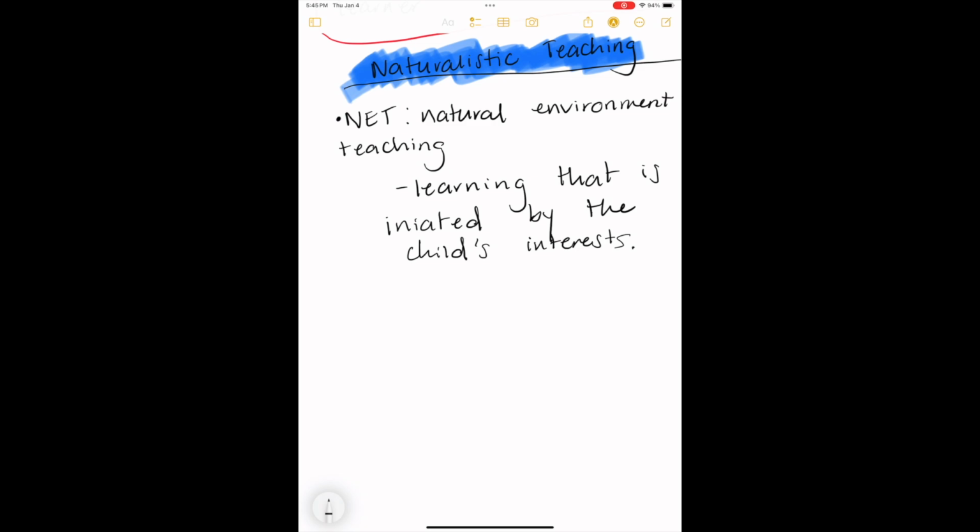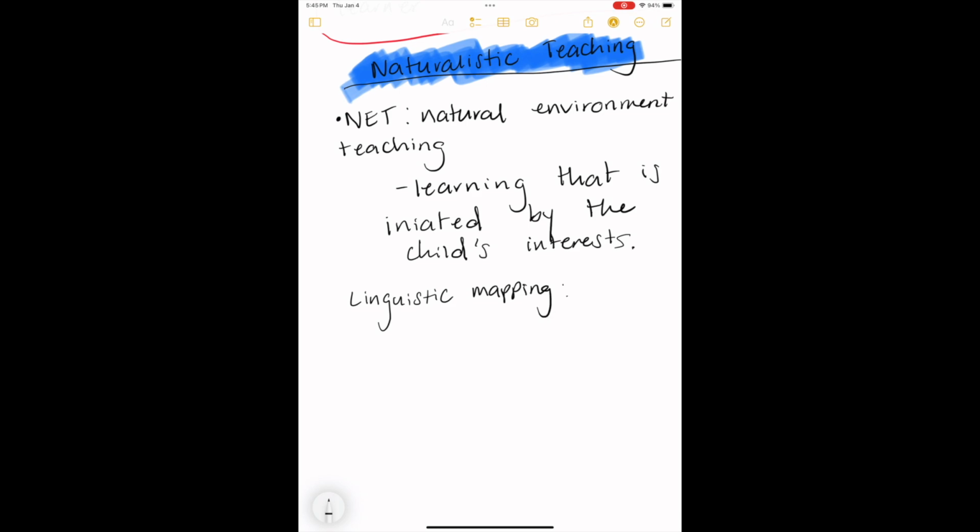Basically, what you would really want to do in natural environment teaching is something called linguistic mapping. This is how you do, I would say, natural environment teaching. I think this is the best way to do natural environment teaching, through something called linguistic mapping, which you don't need to know what this is called as an RBT.